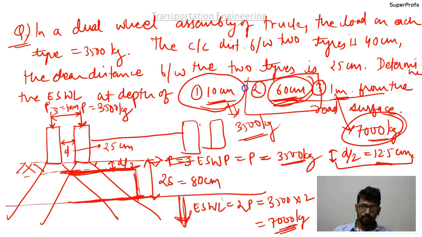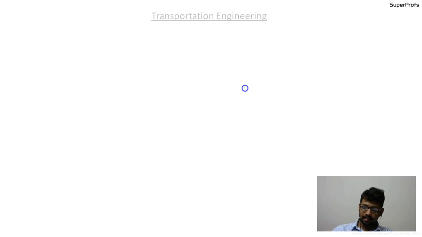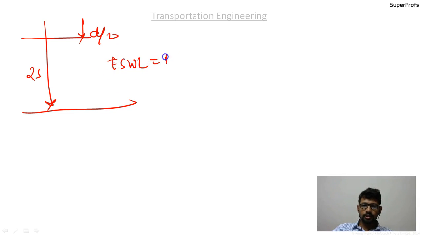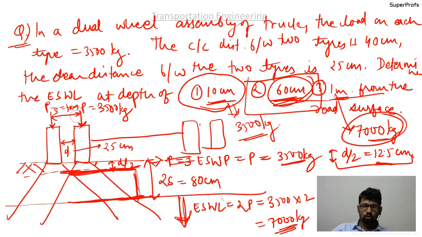Okay, yes, at the depth of 60 centimeters. So we know that from distance d by 2 to 2s, between these two, the equivalent single wheel load is p to 2p. Here it is p value over here, and at this point it is 2p value.